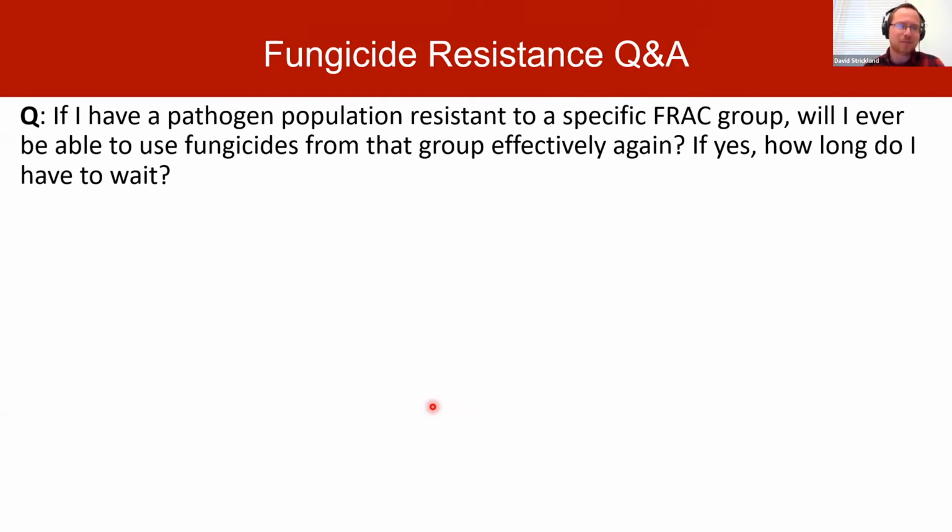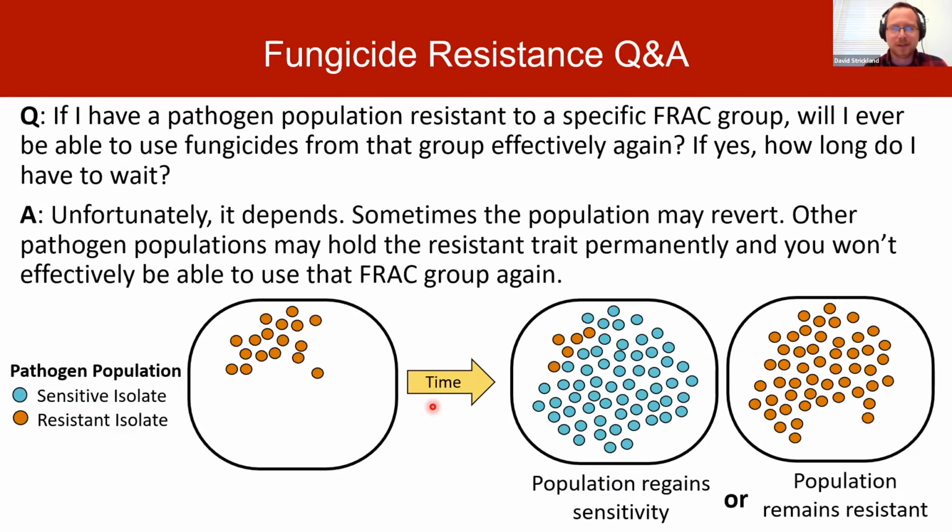Now, if you have a pathogen population resistant to a specific FRAC group, let's say FRAC 7 in that example earlier, will that person ever be able to use fungicides from that group effectively again? And if so, how long do they have to wait? The answer, unfortunately, is unclear and totally up to the pathogen of concern. It really depends. Sometimes a pathogen may revert.